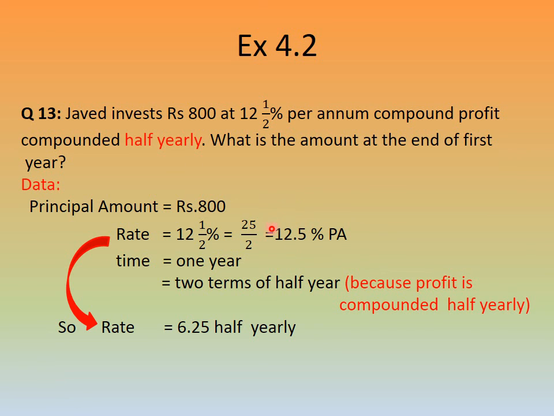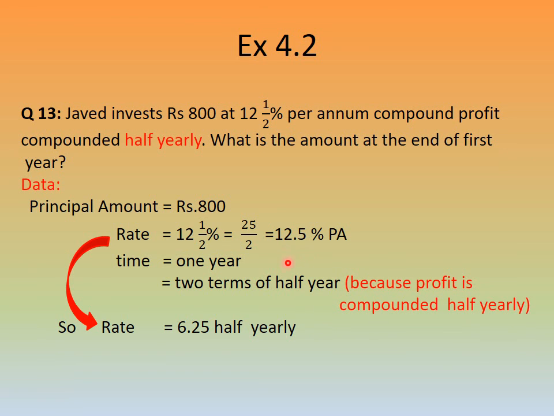Why are we dividing by 2? Because the compound profit is half yearly, and in a year there would be 2 terms, so we will divide this rate by 2, and after dividing 12.5 by 2, we will get 6.25. Why half yearly? Because profit is compounded half yearly.